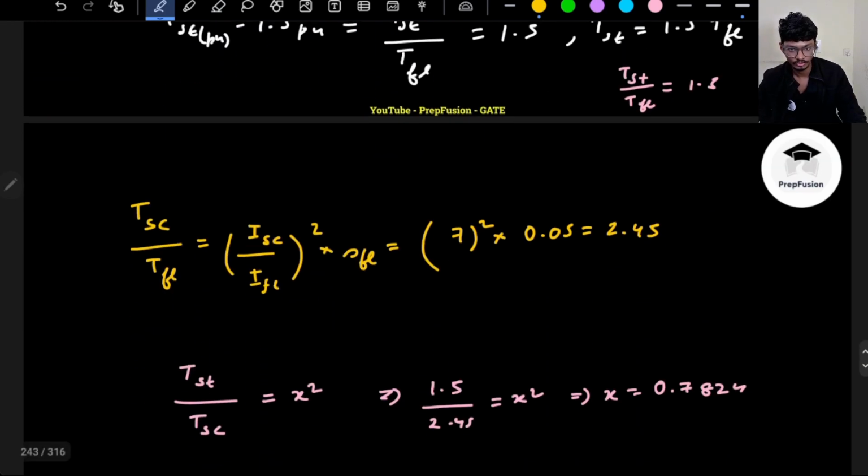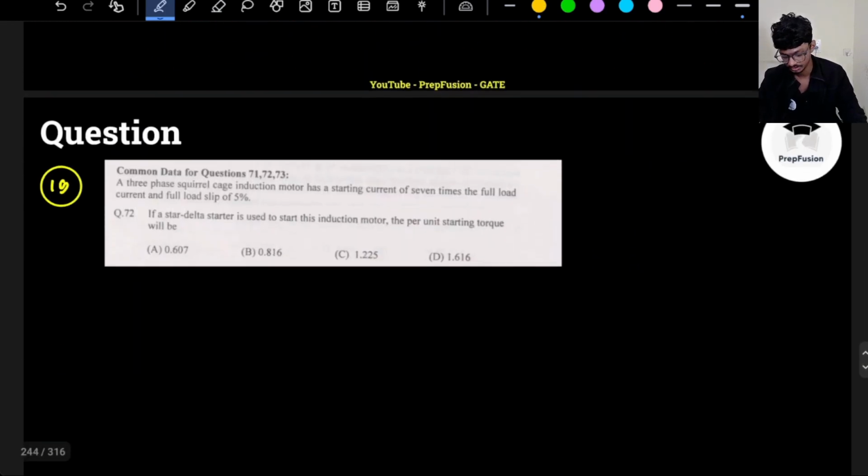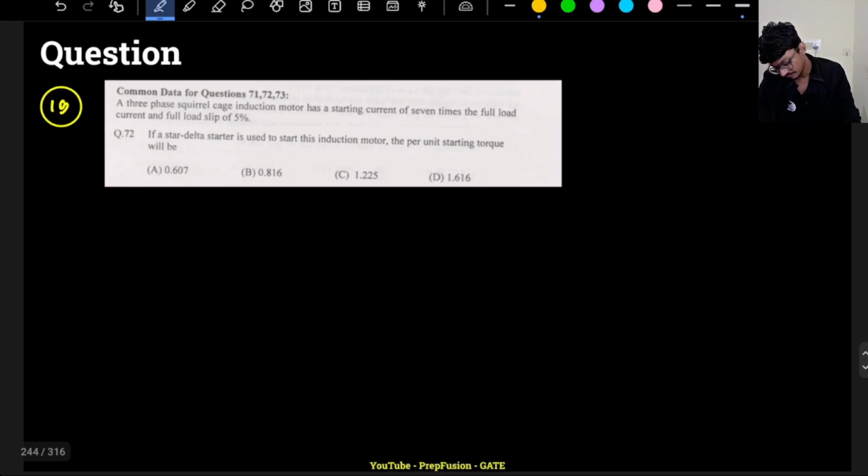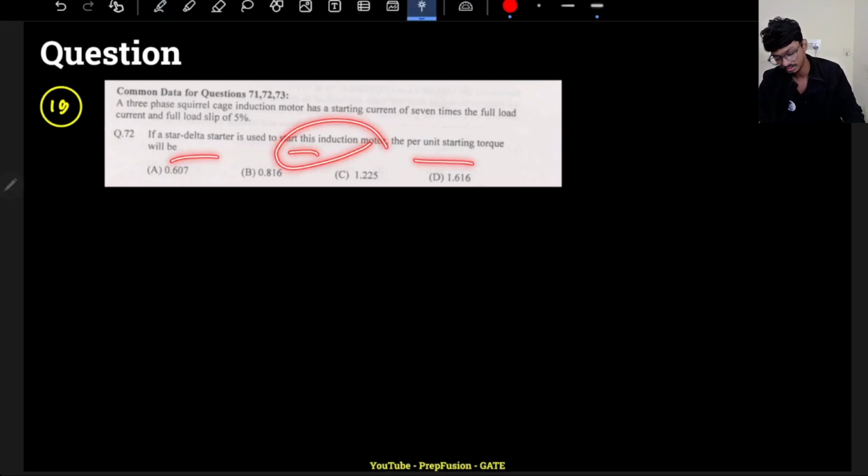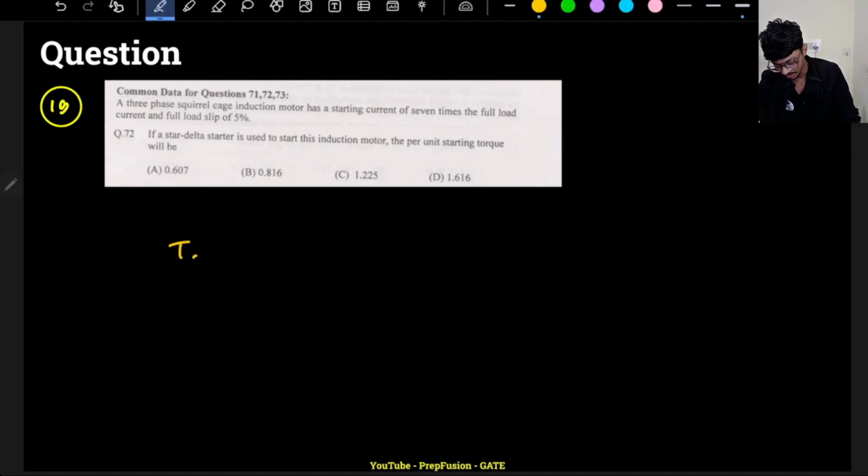Now let's move on to the next part of this question. If a star delta starter is used to start this induction motor, what will be the per unit starting torque? It's very simple, right? What do you remember about star delta starter? In star delta starter, the starting torque is 1/3 of the torque that was produced by the direct online starter.